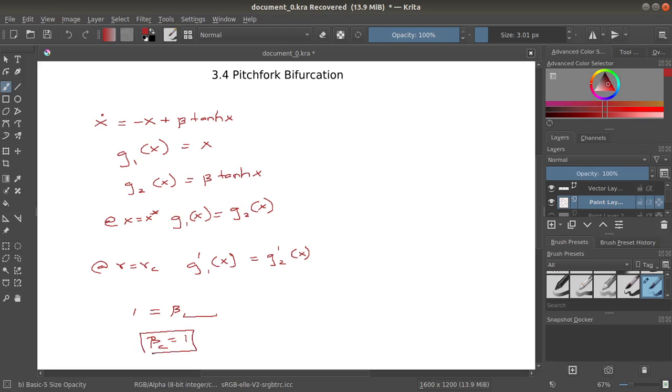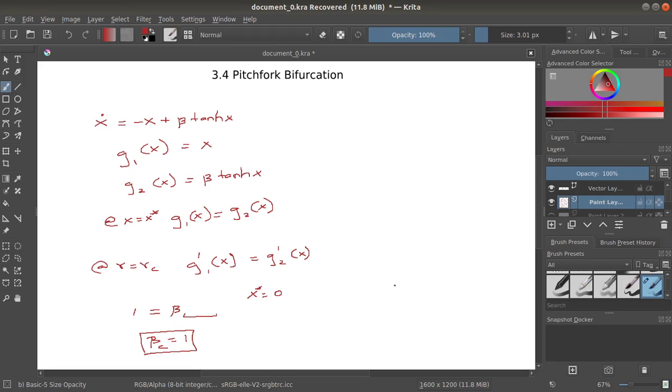I didn't prepare it a priori, so just write the differentiation of this tanh over here and equate that to 1. We know that the bifurcation happens when x star is equal to 0. In the place of x you just put 0, so you will get to know that beta is equal to 1. That's how you could identify the critical value.